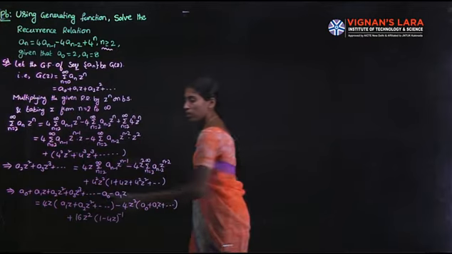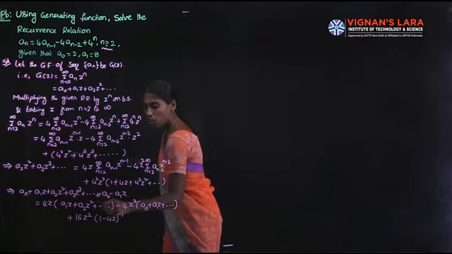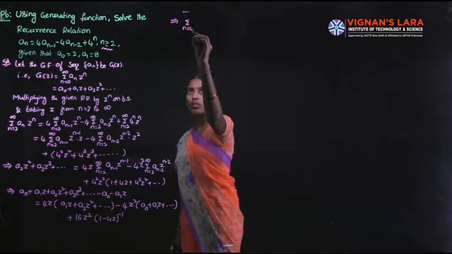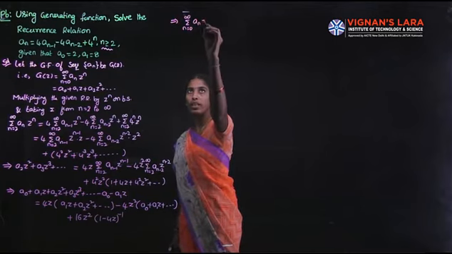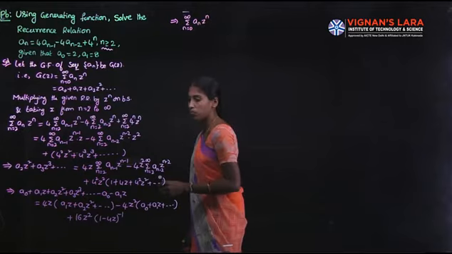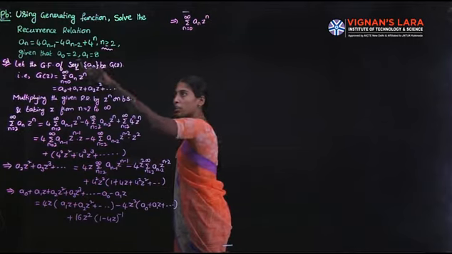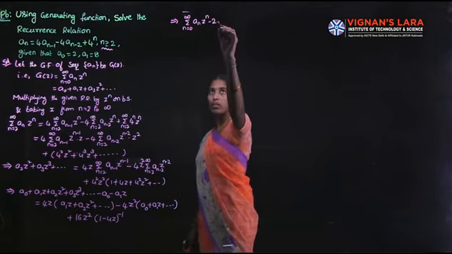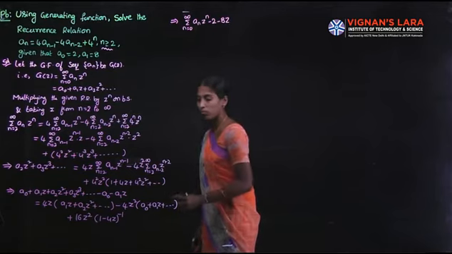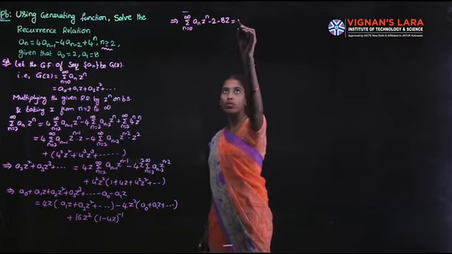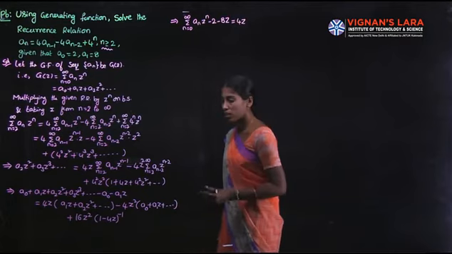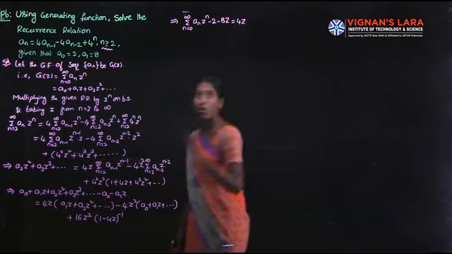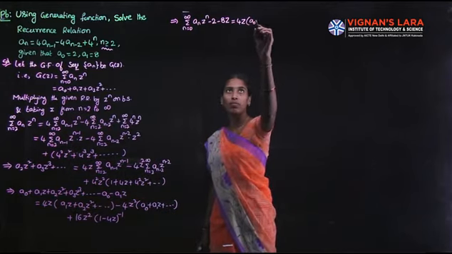Now the left side from a0 and so on can be written as sigma n equal to 0 to infinity a_n z^n, minus a0 which is minus 2, minus a1 which is minus 8z, is equal to 4z into, here the first term a0 is missed, so add and subtract a0.